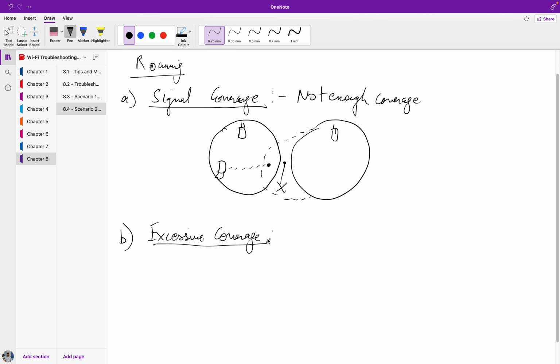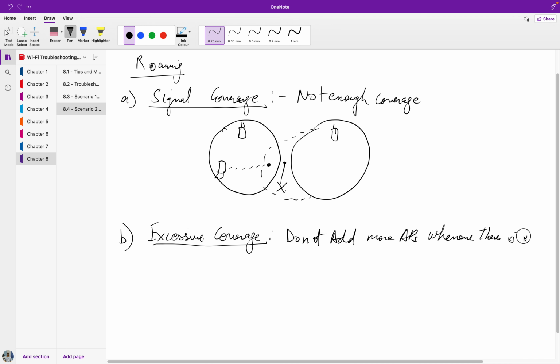We want to make sure we add in another AP wherever there's a problem. That's going to solve the problem for us. No, that's not a good thing. Adding new APs could mess up the whole RF design. So do not add more APs whenever there is a coverage hole seen. Do not do that. It's going to mess up the entire RF design.